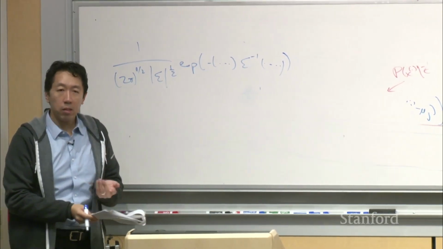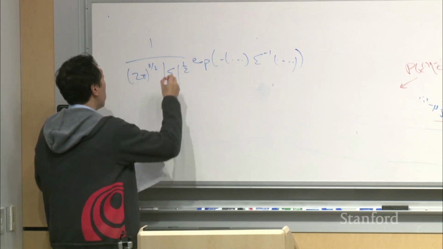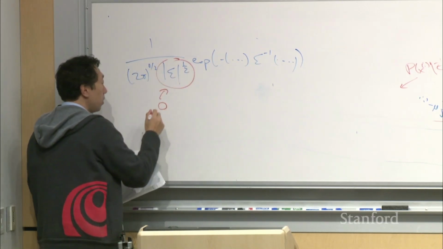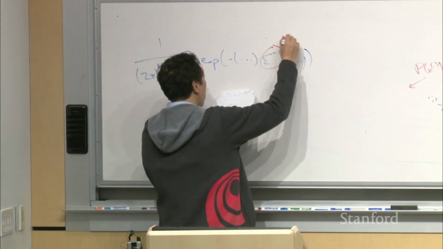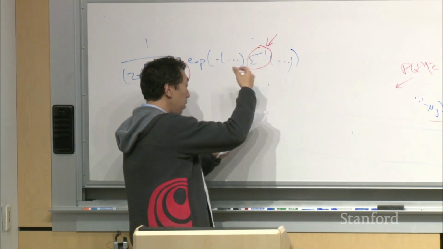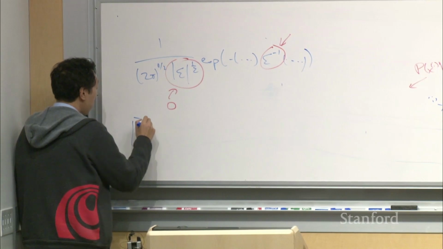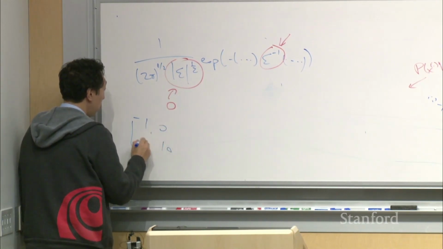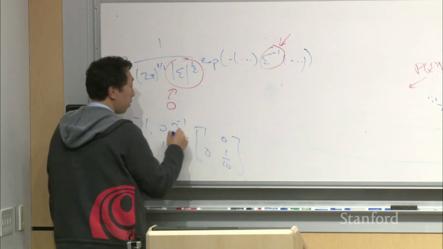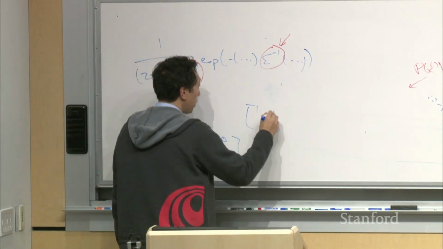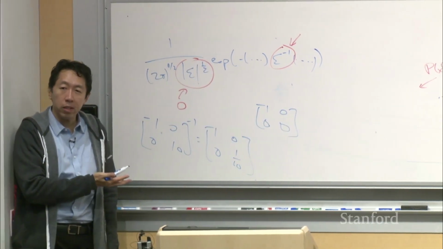And when the covariance matrix is singular, then this determinant term will be 0. So you end up with 1 over 0. And then sigma inverse is also undefined, or it blows up to infinity, depending on how you think about it, right? The inverse of a matrix like 1 10 would be, I guess, 1 over 10, right? And an example of a non-invertible or singular matrix would be this, and you can't actually calculate the inverse of that matrix, right?